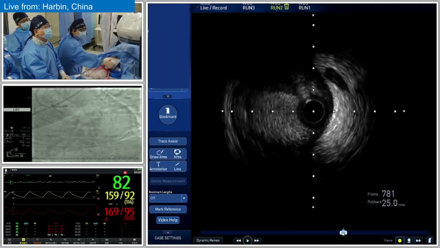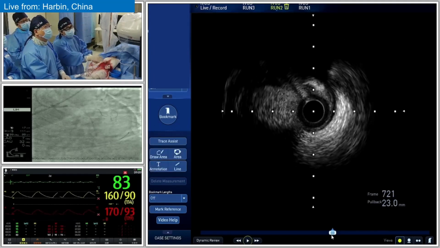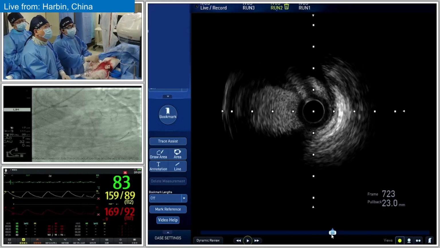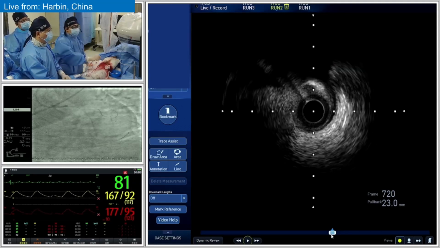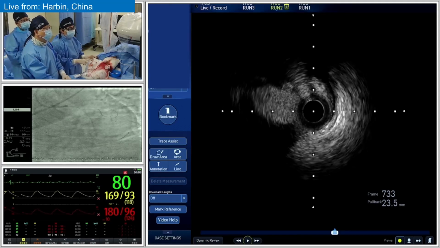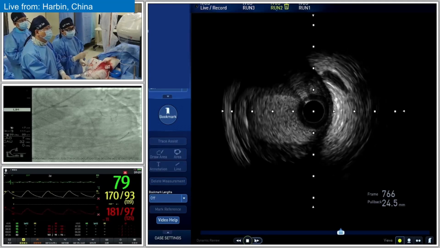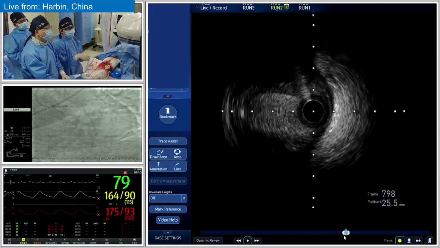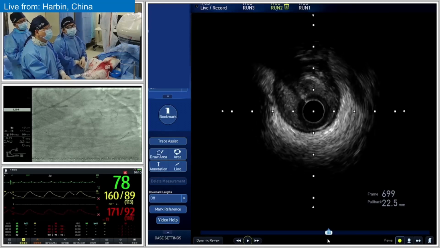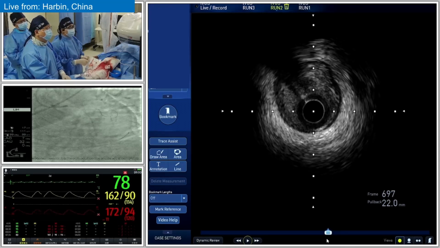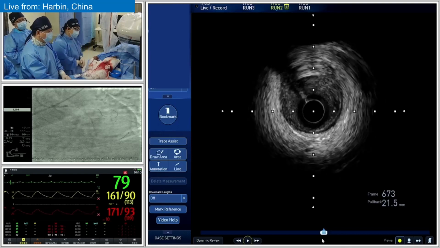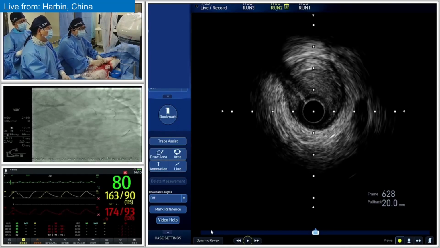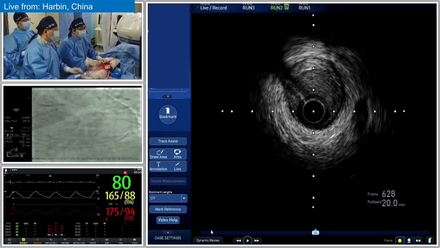This is the main branch, the proximal cap of the occlusion segment. Of course, we found there are several significant stenoses at the proximal segment of the OM from the IVUS image. So after the IVUS, I think we have a better understanding of the anatomy of the circumflex occlusion lesion.